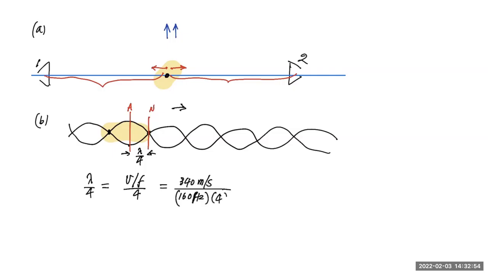And then you divide it by 4. Let's see what you come up with. 340 divided by 4 divided by 160. You got 0.53 meters. Okay, that is the distance between the adjacent pair of maximum and minimum, actually between node and antinode.